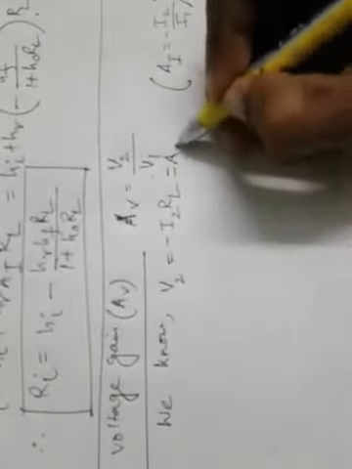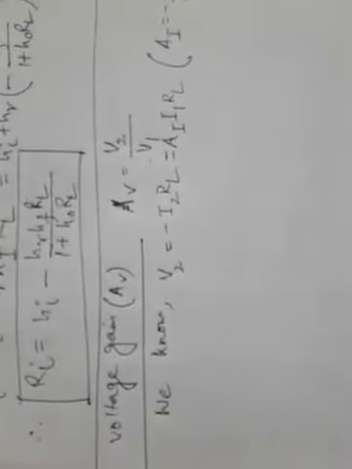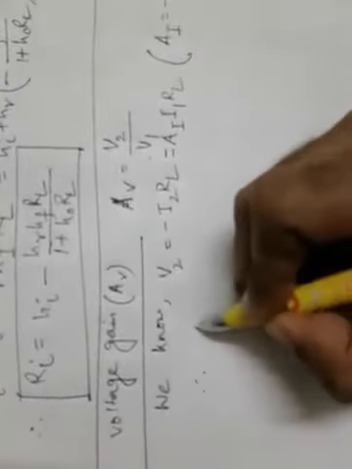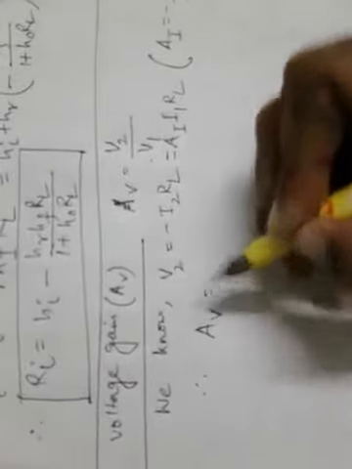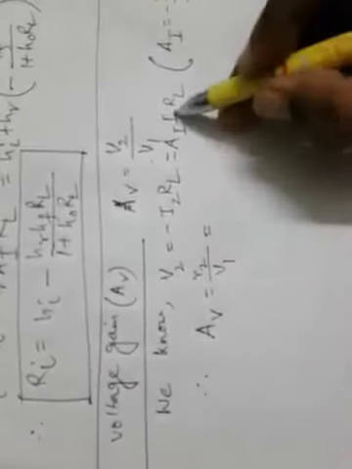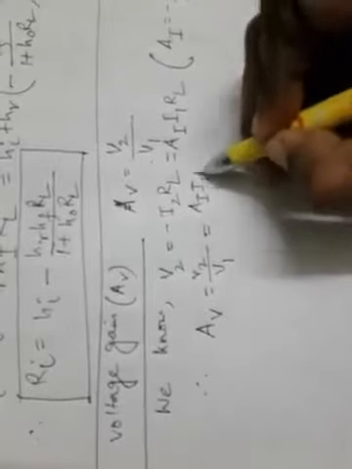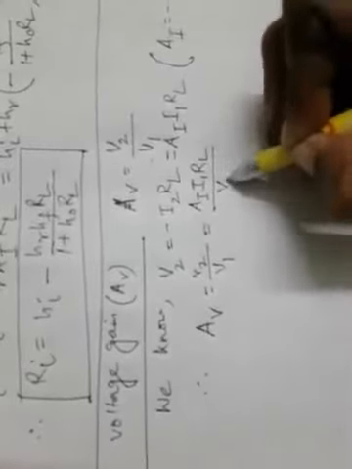So this is Ai I1 RL. Therefore AV is written as V2 by V1. Now substitute V2 from this equation into here. So put Ai I1 RL divided by V1.